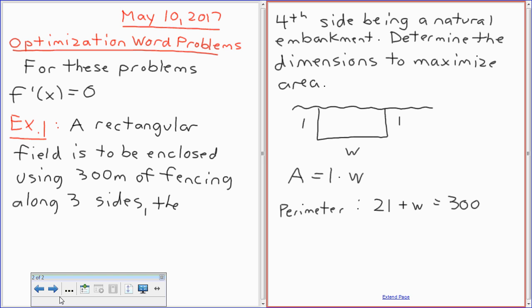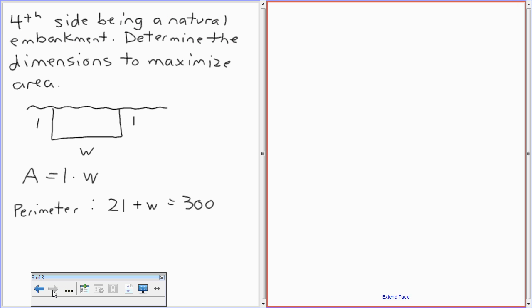Okay, so now I have two equations. I'm going to isolate W so you only have one variable. That's a 2L. Sorry, yes, 2L.